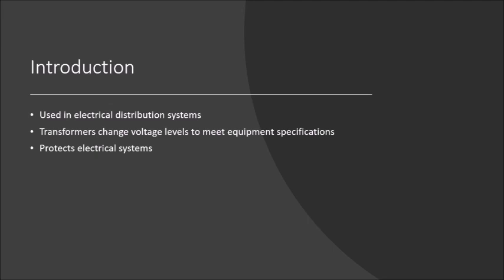They are also used to isolate equipment from power surges and lightning strikes by decoupling them from the direct power lines. Transformers, unfortunately, can fail catastrophically, and poor insulation can result in such a failure. For this reason, insulation is a very important topic in transformer design.